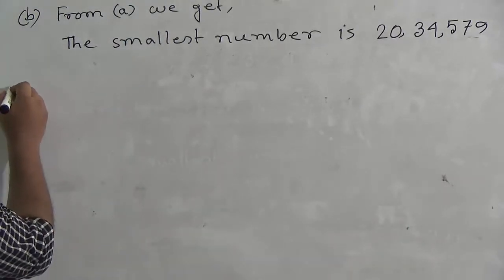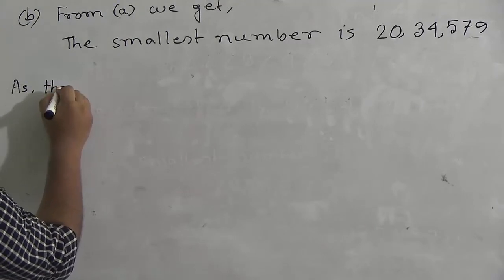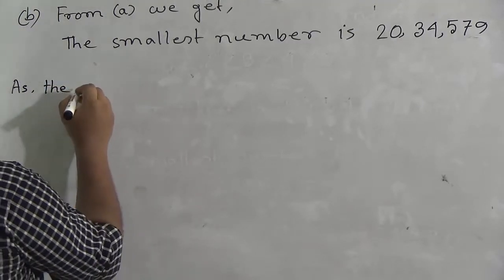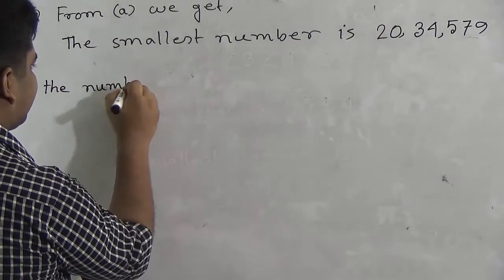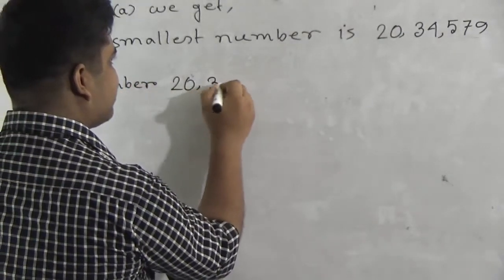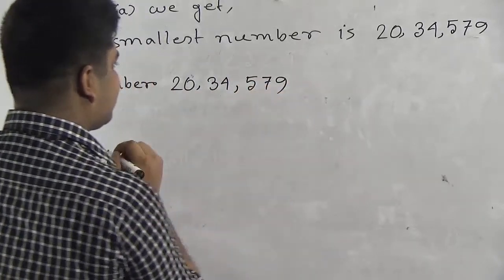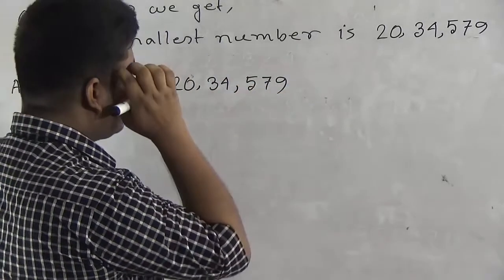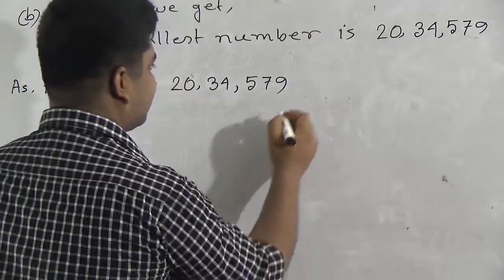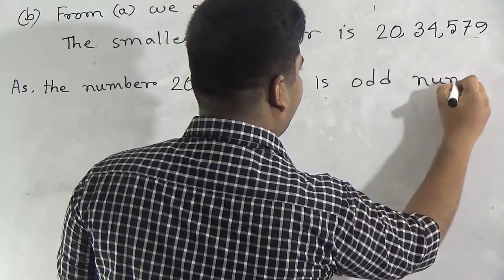So we write the number 20,34,579 is an odd number.